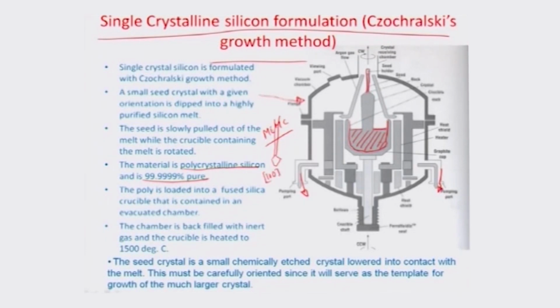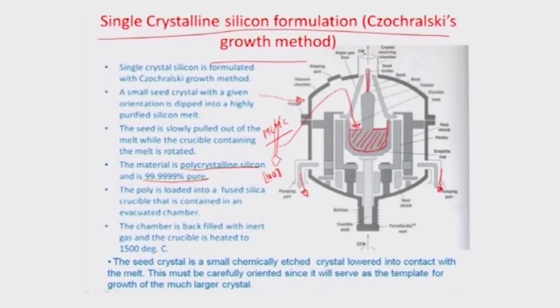So, this seed has been grown from an earlier process, it is a pure crystal, and the seed is inserted into this melt somewhere here, as is illustrated here. And the relative rotation between the seed and the crucible can be varied by varying the relative RPM.